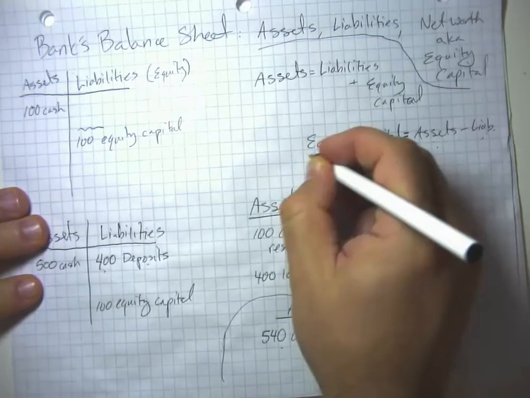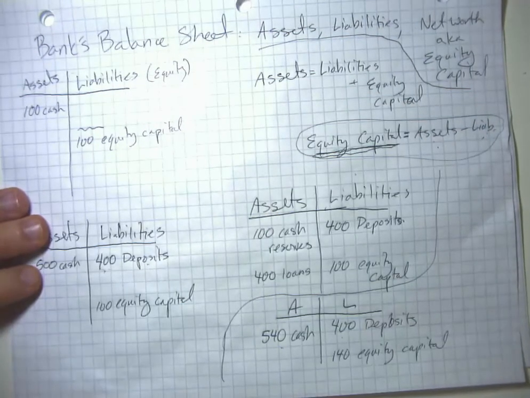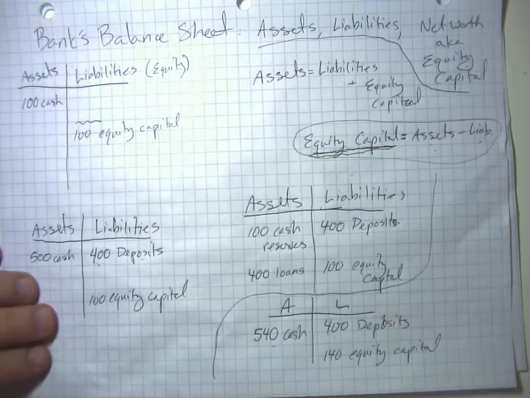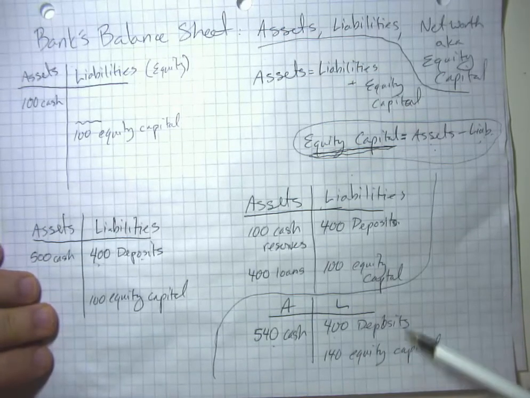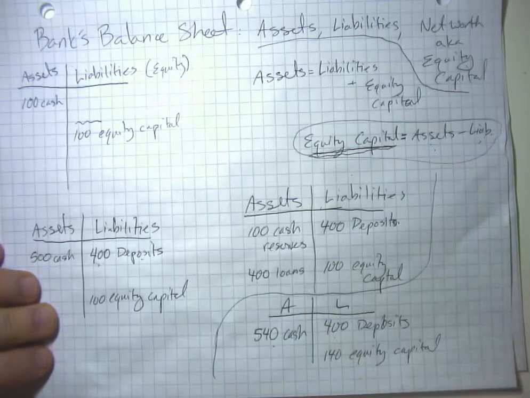And I really think this is the best way to think about it, because equity capital is a kind of residual. Equity capital, we assign its value to be whatever will make the two sides of the balance sheet actually balance. In this happy case here, happy for me as a banker, when there's an increase in assets, and assets have increased more than liabilities, my equity capital goes up.